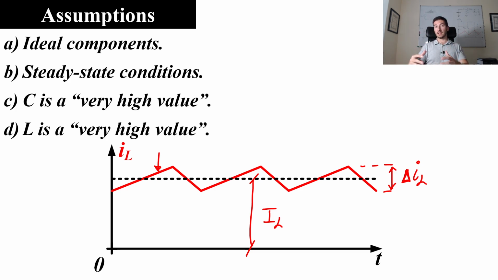The thing is, if we increase the inductance, the peak-to-peak ripple falls and we get a more constant value. So we will assume that the inductance is so large that the ripple is negligible and we have a constant current through the inductor. So my inductor current is a constant value that I call capital IL.